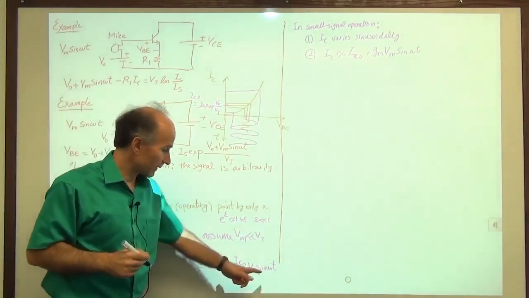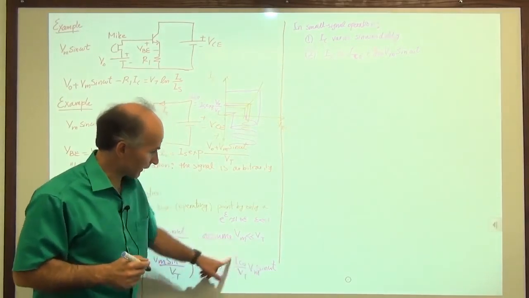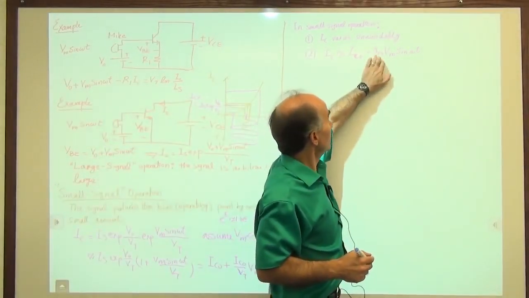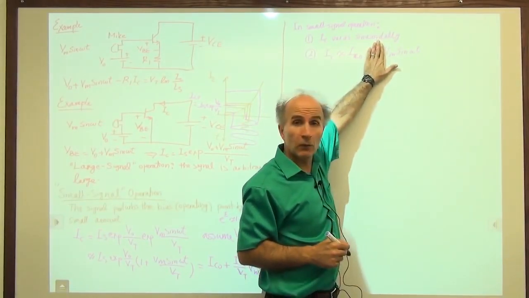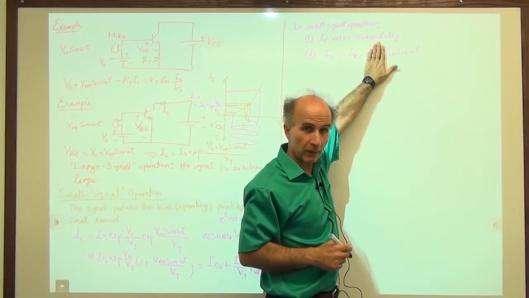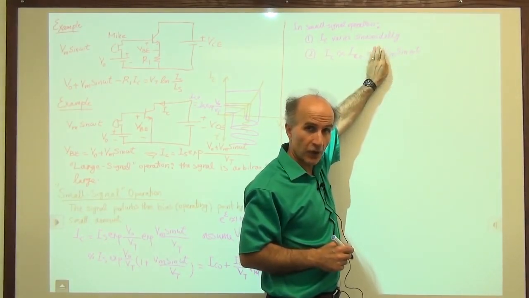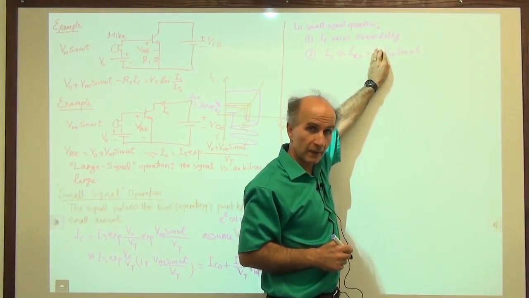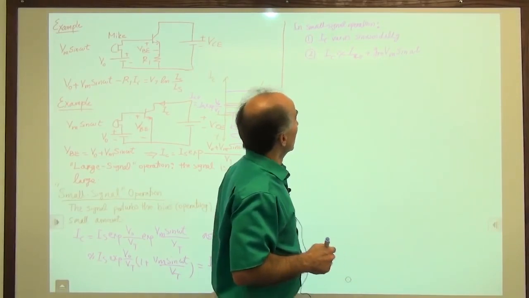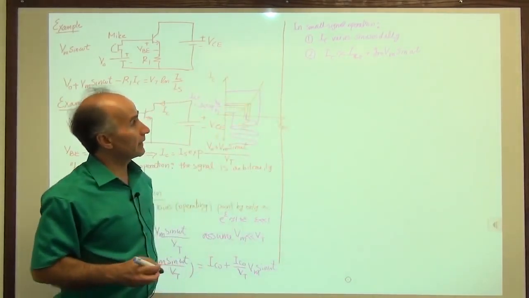And in fact that sinusoidal current is just given by Gm of the transistor times the signal voltage that's coming from outside, from the microphone. Gm, the transconductance, times the signal voltage from the microphone. Okay, so that's interesting.